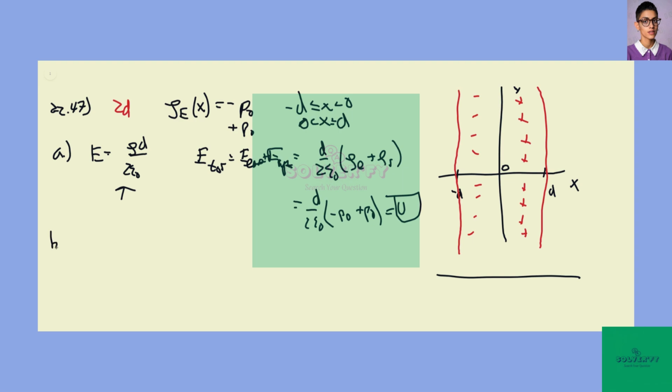Now for part B, we want to look at the electric field for x less than or equal to d, so in the right part of the slab. To find this, we know we're going to need to use Gauss's law, where we have the integral of E dot dA.